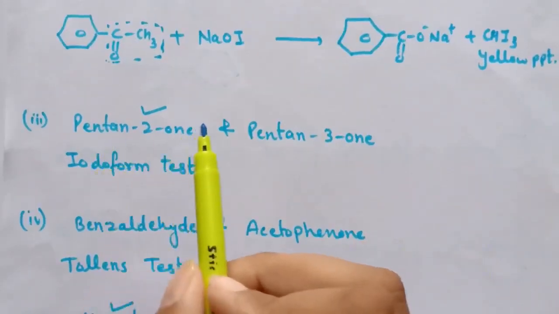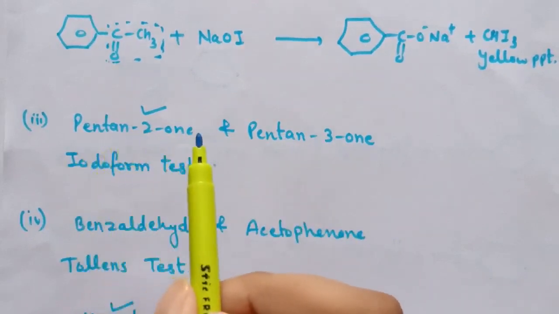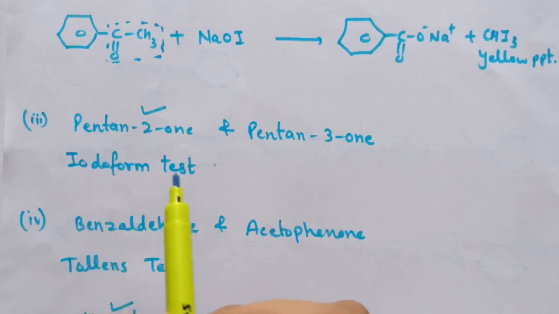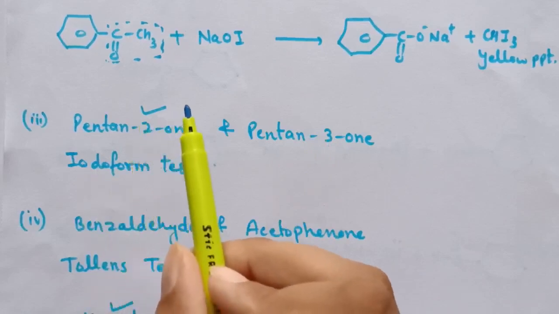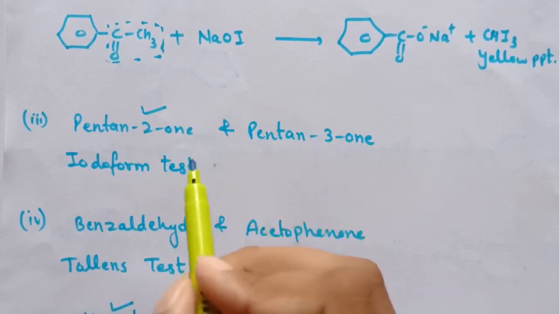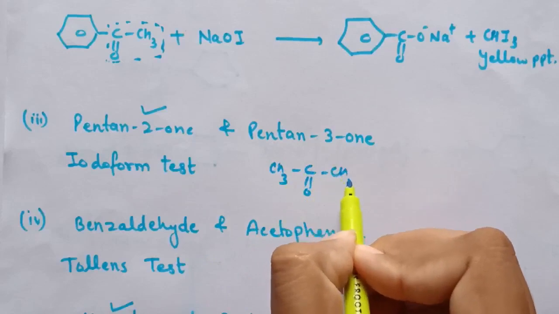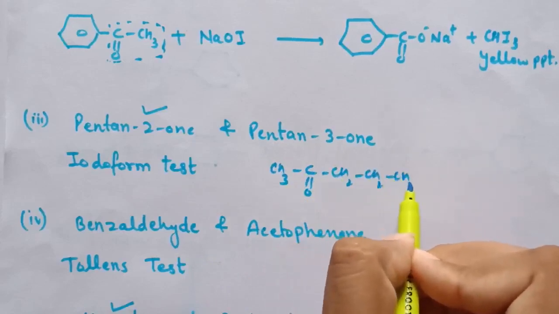Third is pentan-2-one and pentan-3-one. Similarly, we can distinguish pentan-2-one and pentan-3-one by the iodoform test. Pentan-2-one will give a positive iodoform test, whereas pentan-3-one does not. Here is the structure of pentan-2-one, CH3CO CH2 CH2 CH3.